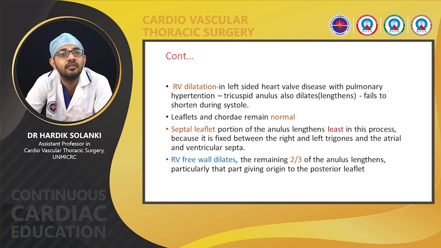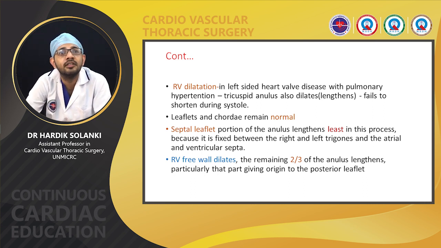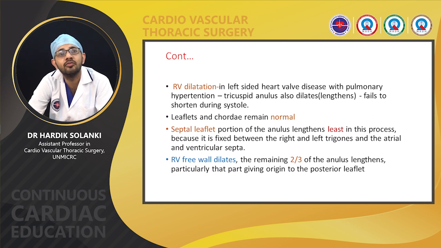Now we see the pathology of tricuspid regurgitation. There is right ventricular dilatation in left-sided heart valve diseases with pulmonary arterial hypertension, which leads to dilatation of the tricuspid valve annulus, so it fails to shorten during systole. In this case, the leaflets and chorda are normal.